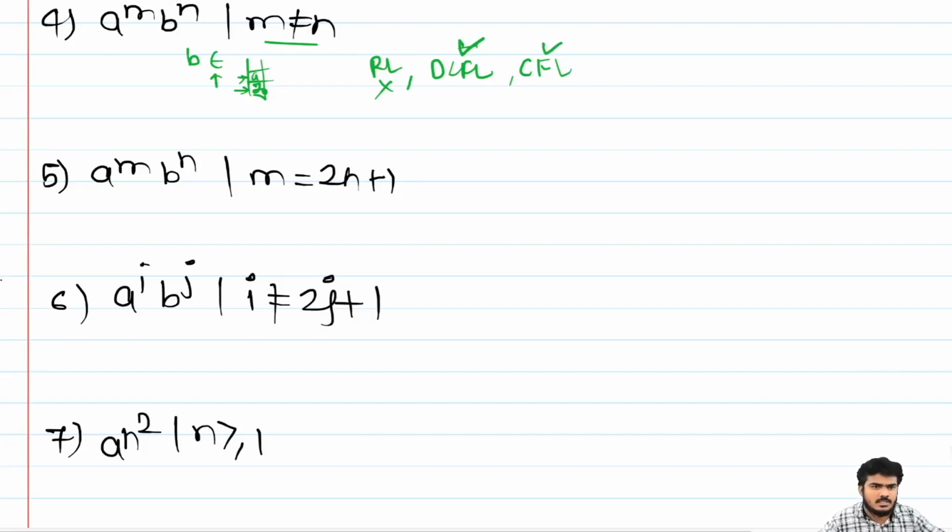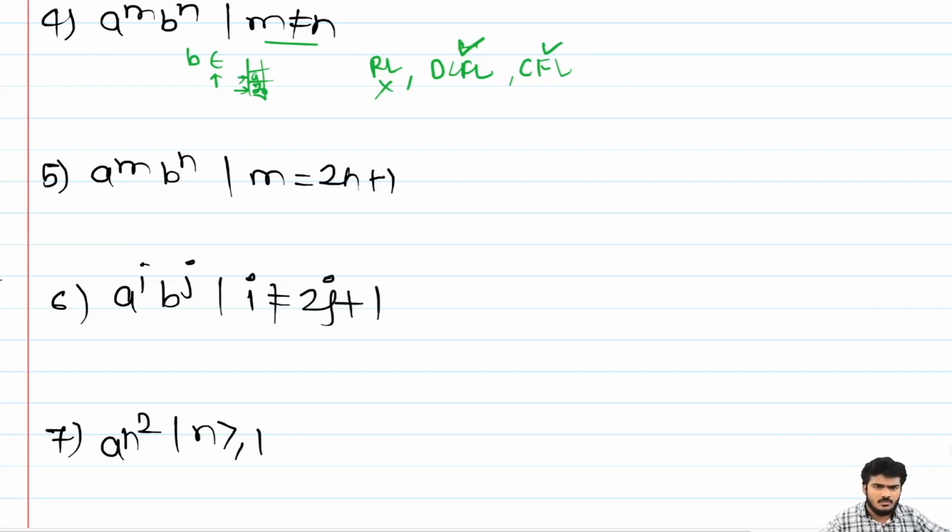Similarly, we will check the next one, a raised to the power m, b raised to the power n, where m is equal to 2n plus 1. In this situation, m is 2n plus 1, and we have already seen such an example: a raised to n b raised to 2n, and a raised to n b raised to 2n plus 1.